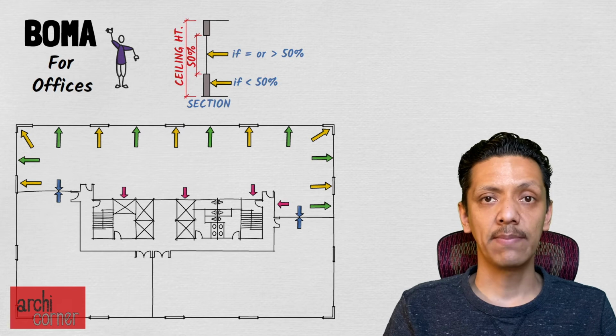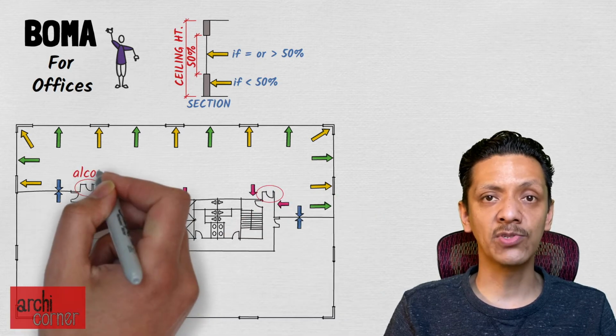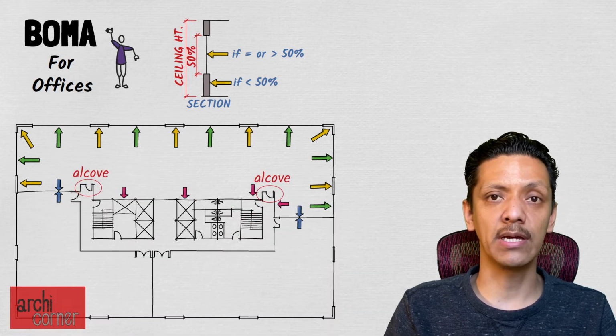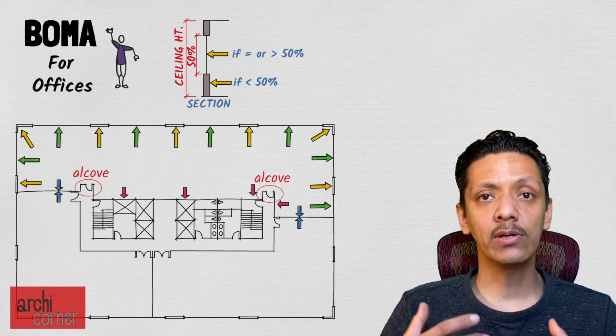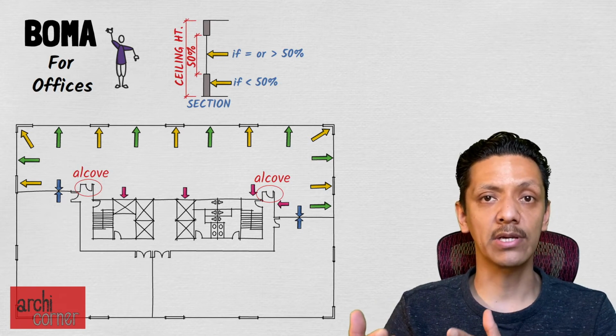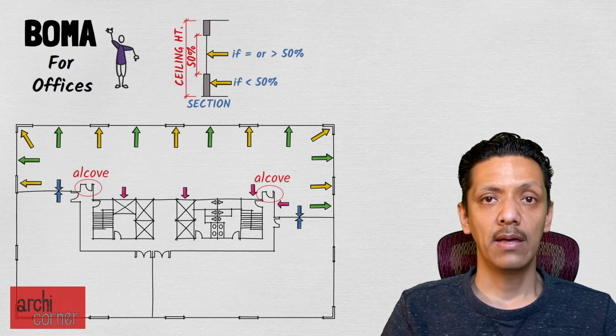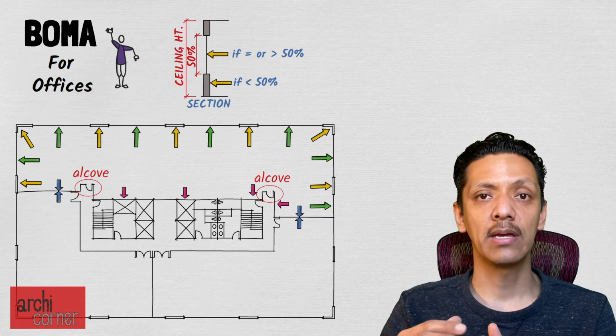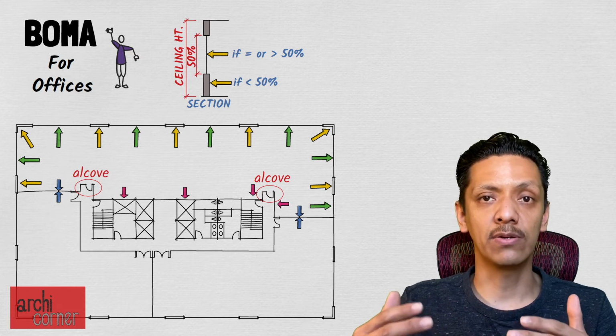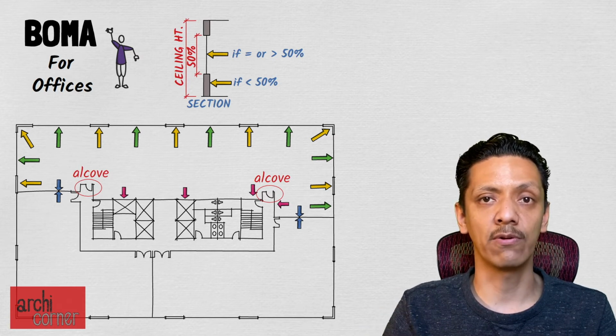Last but not least, there are times when there are alcoves created at the entry of the tenant's suite. In most instances, these alcoves are also included in the square footage of the tenant's office usable area. Now, there are specific requirements as to how much space can actually be accounted for or be part of the tenant square footage.